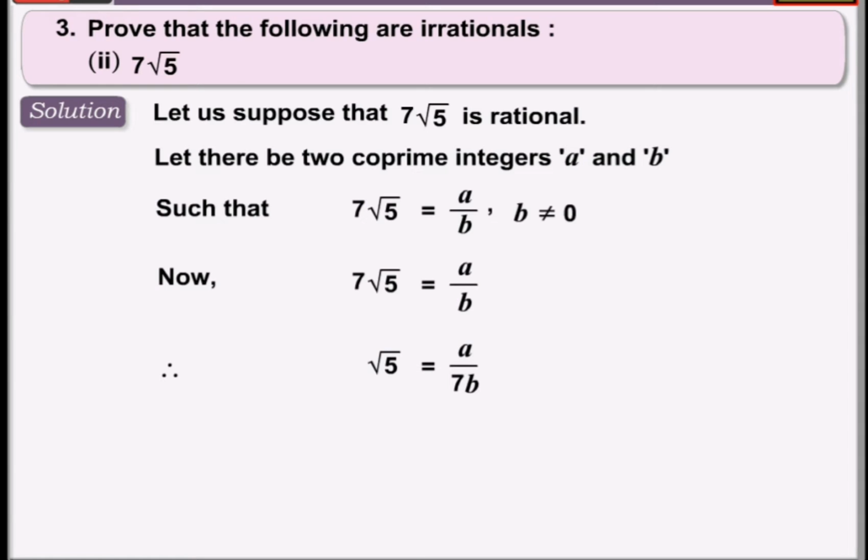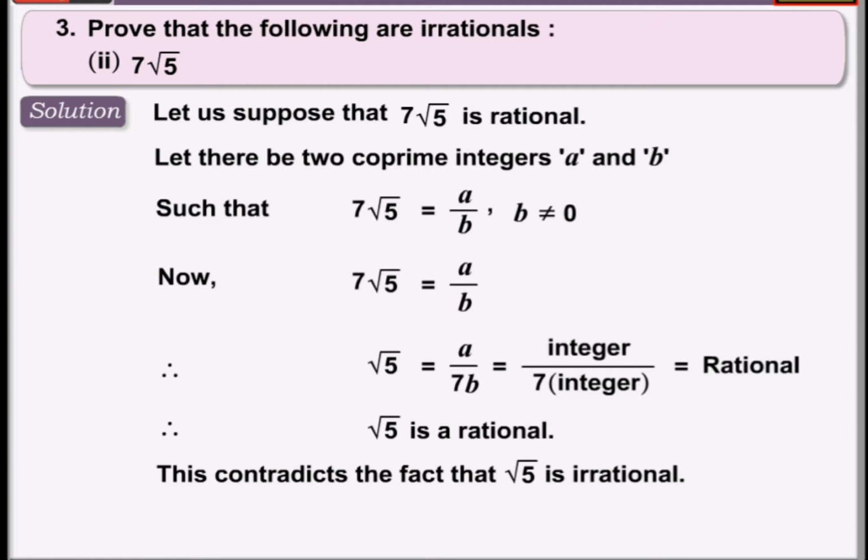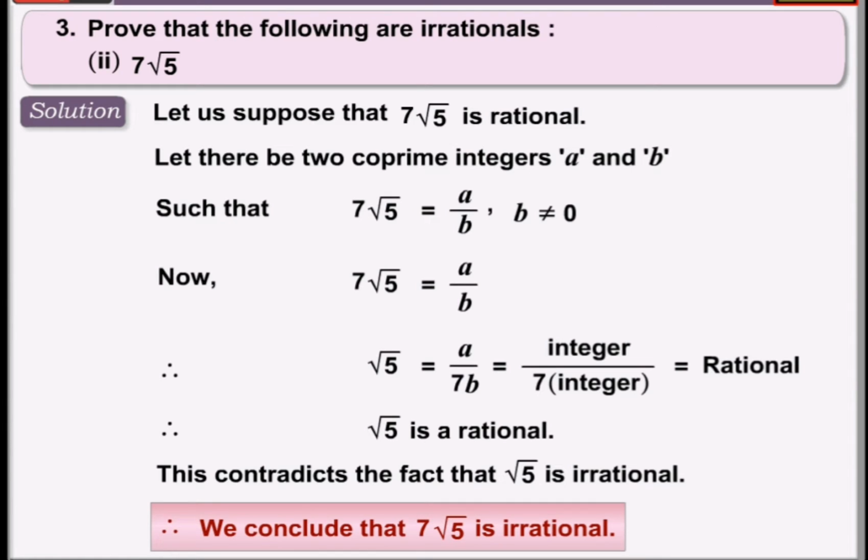Root 5 is equal to a upon 7b, that is integer upon 7 into integer, which is rational. So, root 5 is rational. This contradicts the fact that root 5 is irrational. Therefore, we conclude that 7 root 5 is irrational.